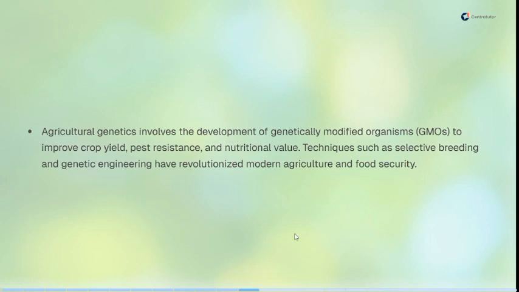This is used to improve crop yield, also for pest resistance in the case of plants, and the techniques are used for selective breeding, as I just mentioned, and genetic engineering. The application of genetics in agriculture is very well pronounced and wide, both in animal breeding and in plant growth.